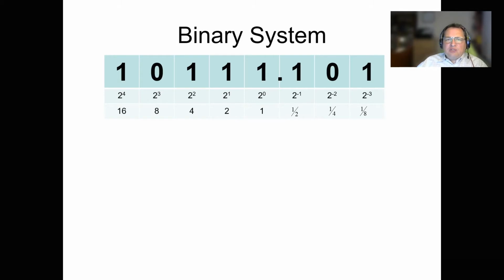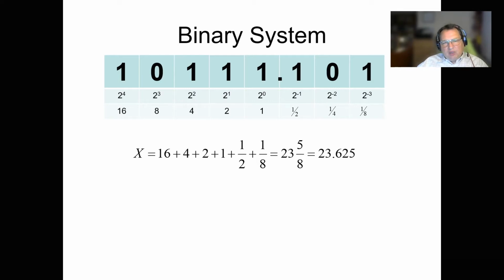So how to read this particular number? Something like this, 16, because we have 1 on the position worth 16. Then, why don't we have 8 here? Well, we don't have 8 because there is a 0 at the position 8 in this number. But we have a 1 at the position 4, a 1 at the position 2, and another 1 at the position 1.